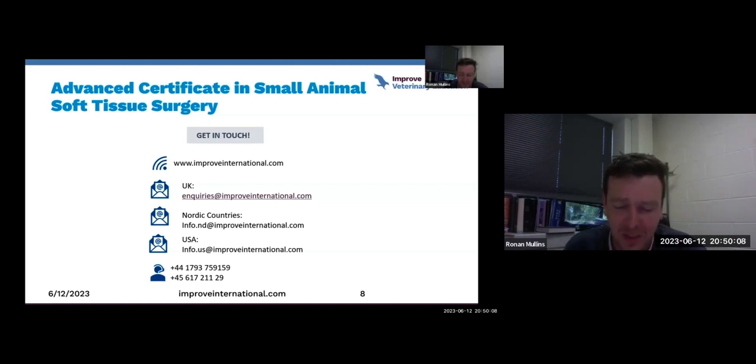But in those cases where that degree of a clip is required, it's a theoretical consideration. I must admit it's not something I would discuss with an owner, the effect of hypothermia on survival of our flaps. But it is a reasonable theoretical point for sure.